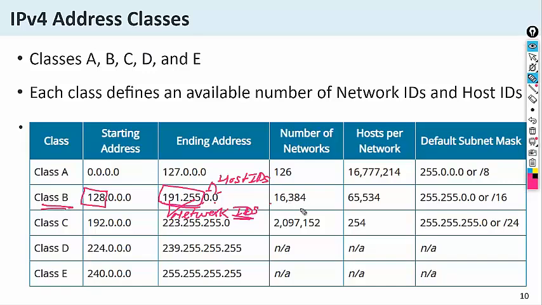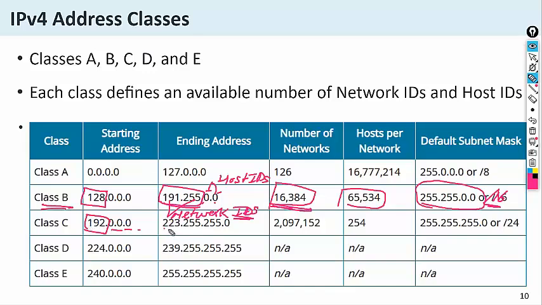The total number of networks is 16,384 and the number of hosts is 65,534. And the basic or default subnet mask is 255.255.0.0, or /16.